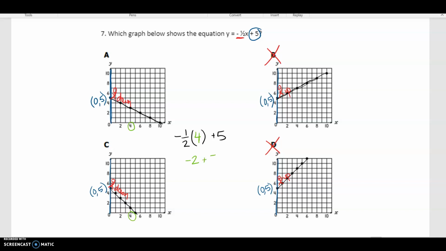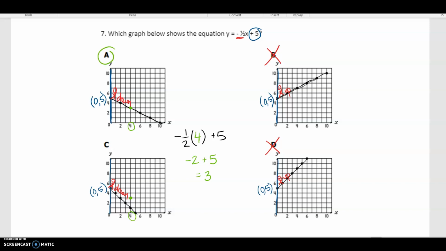So -2 plus 5, different signs subtract. So 5 minus 2 is 3. So I'm looking for 4, 3. So 4, 1, 2, 3. All right. So since A is the one whose line goes through that point, that is going to be my answer.